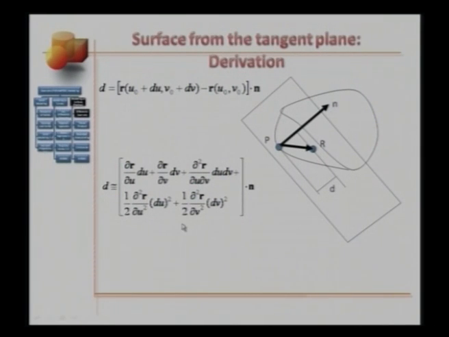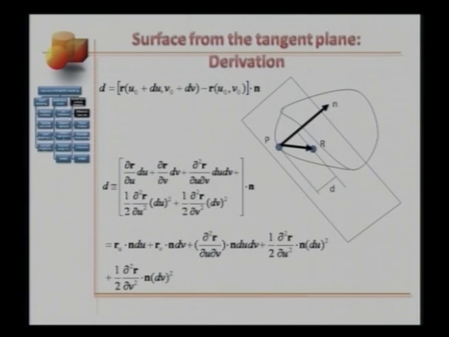If you're wondering, this expression is the Taylor series expansion up to second order terms. And of course, we have n dotted within here.